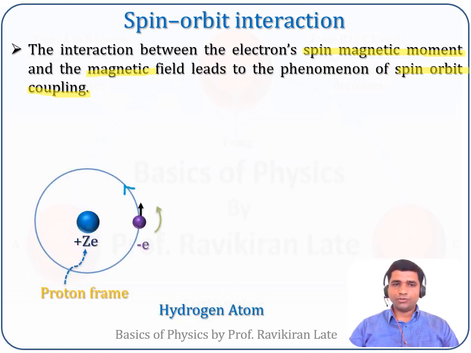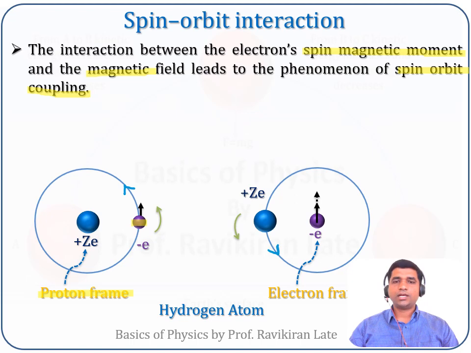In order to visualize it, you can consider that in a hydrogen atom we have a proton or nucleus situated at the center, and electrons are revolving around the nucleus. This picture we had seen in our earlier classes as well. If you consider the same picture from the electron frame of reference point of view, the electron will be situated at the center and the nucleus will move around the electron.